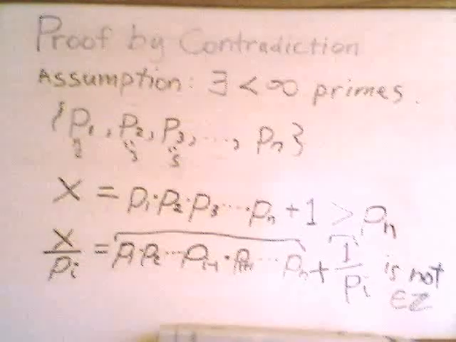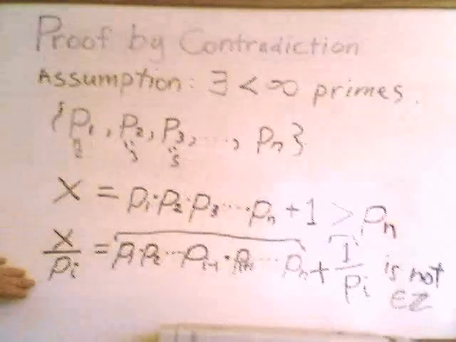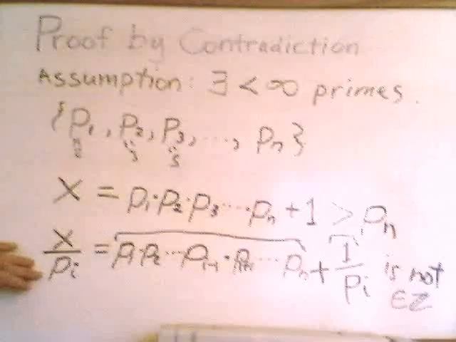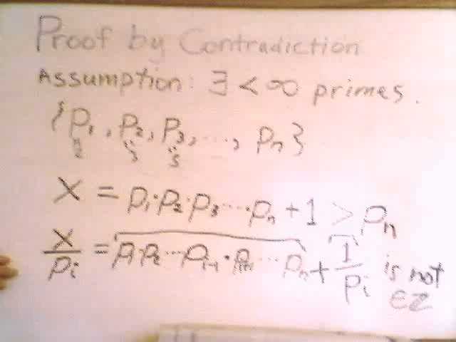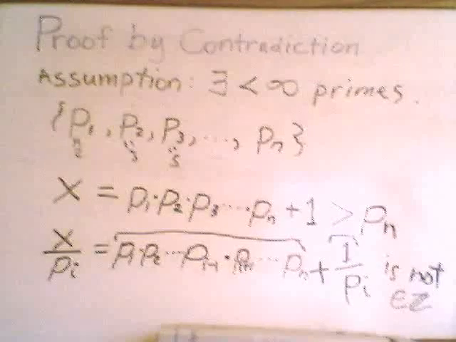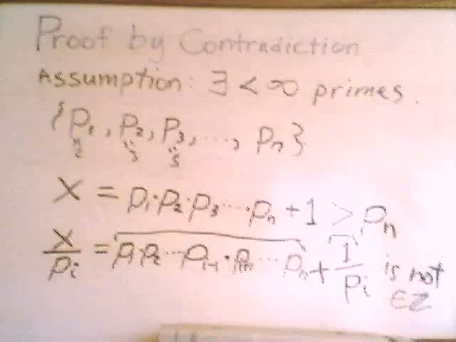Now, if x does not have any factor pi at all, then the fundamental theorem of arithmetic says that you have to have prime factors. In fact, it has to be able to factorize all the way down into primes.